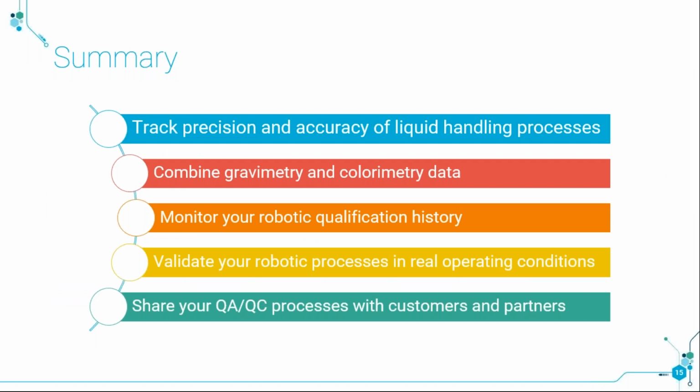I've tracked the precision and accuracy of my liquid handling process, because I created a history from previous analyses. I kept all the information together, and I could have information about the behavior of my process, of my pipetting head, combining gravimetry and colorimetry data.